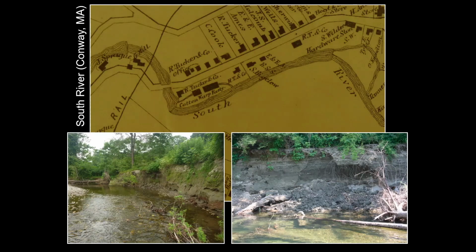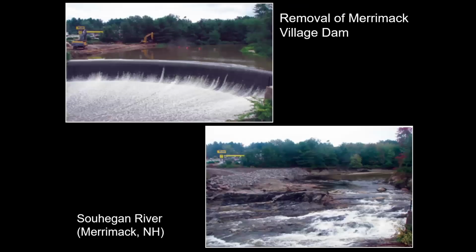Now, these are, if you will, natural dam removals, the power of time, if you will. But now let's turn our attention to actual purposeful dam removals. I'll start where Noah focused last week, which is the Merrimack Village dam removal.